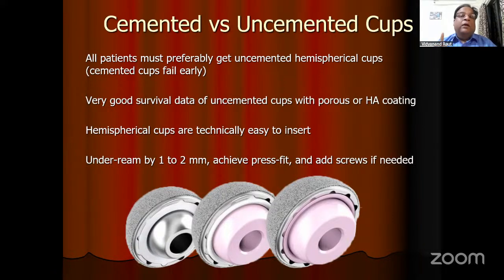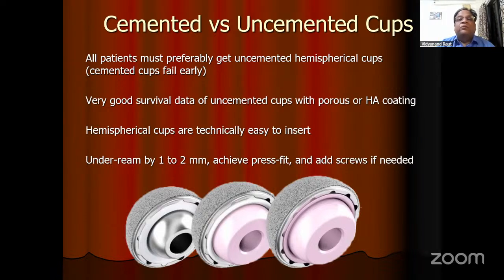If there is a toggle, so the cup is sitting well between the two columns, but the cup is slightly toggling, you can add 1 or 2 screws. So the technique is to under-ream by 1 to 2 millimeters, achieve a press fit, and add screws if needed. Under-ream and over-stuff. That is the principle which we must follow.